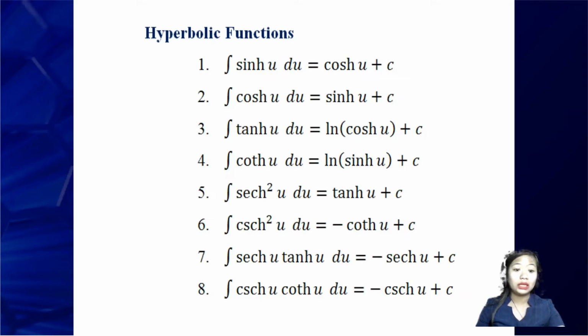We have also the integral of hyperbolic secant u times hyperbolic tangent u du, that is equal to negative hyperbolic secant u plus c. And lastly, the integral of hyperbolic cosecant u times hyperbolic cotangent u du is equal to negative hyperbolic cosecant u plus c.